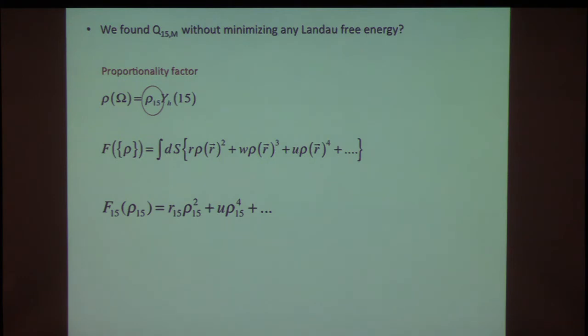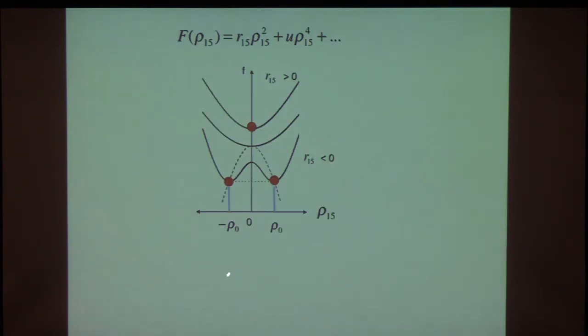So, following Rochal and Lorman, we now should have a phase transition where we change R15, and we should see this amplitude going from 0 to a finite value. And it will be very important that there's no cubic term. If you take R15 positive, it's curving like that, and if R15 is negative, then it first goes down, and then it goes up.